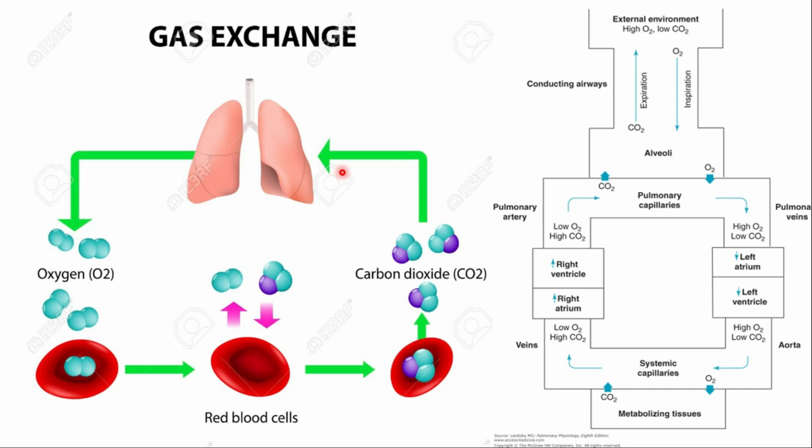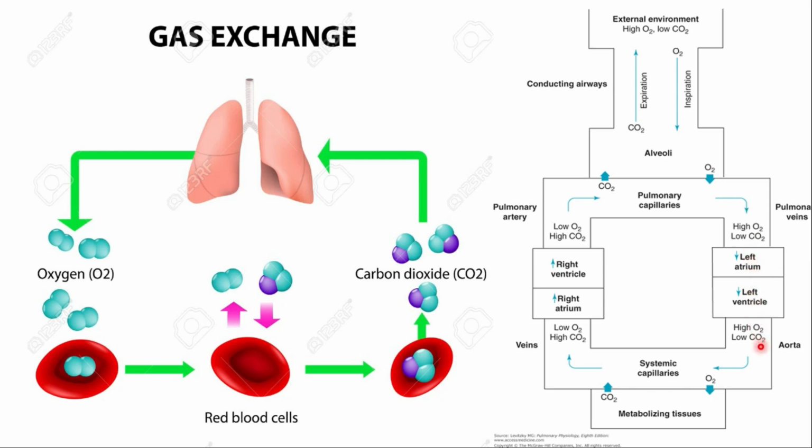Gas exchange also takes place between the blood and the air in the lungs, with oxygen entering the blood from the inhaled air inside the lungs, and carbon dioxide, on the opposite, leaving the blood and entering the air to be exhaled from the lungs. In this schematic diagram, we can see the same mechanism. Oxygen is entering the lungs, and from the lungs it enters the blood, towards the heart.